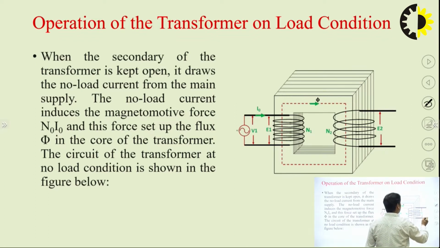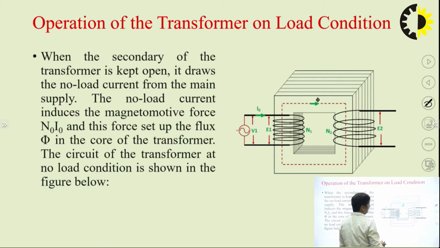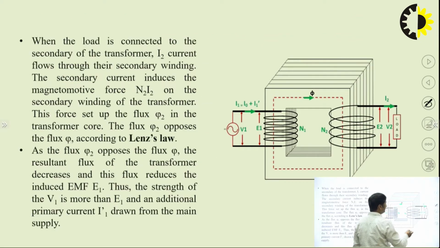Now when we apply the load, the flux is linking with both the primary and secondary windings. We call it phi. Now when this transformer secondary is loaded, suppose this is some load. The load may be resistive, inductive or capacitive, I am not talking about that.